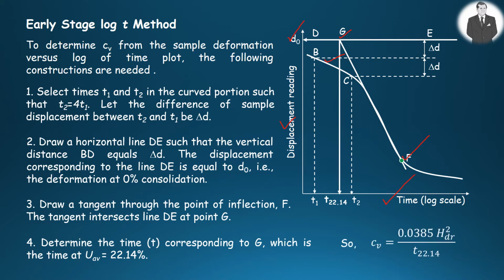Now, the time factor corresponding to this degree of consolidation is either obtained from the related graphs or from the tabulated values, and the time factor is rearranged accordingly to determine the coefficient of consolidation as given here.